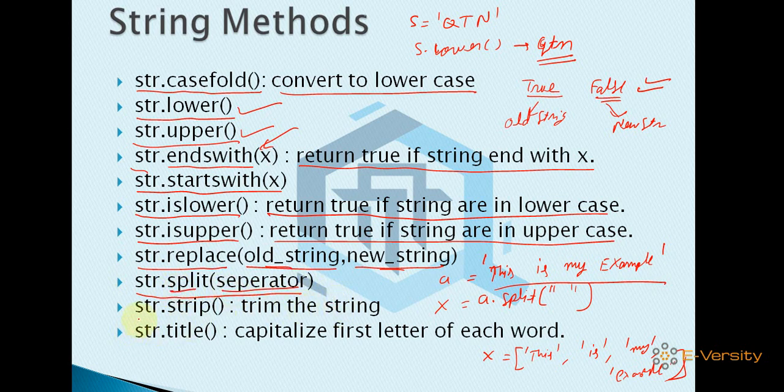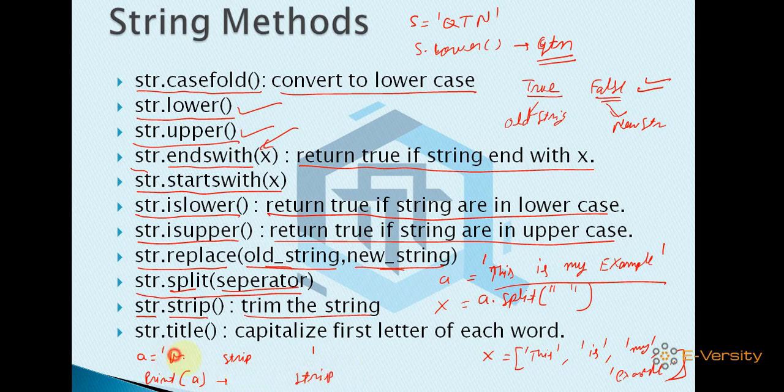Another function is str.strip. Strip is basically used for trimming the string. How can you trim a string? Suppose we have a string a, and I am giving some space here and writing strip. Strip is just a string here, I am not talking about the strip function. If you print a, it prints with some space initially and after that the string.